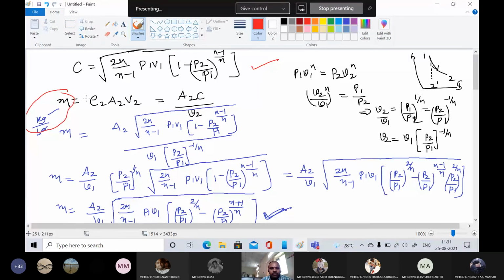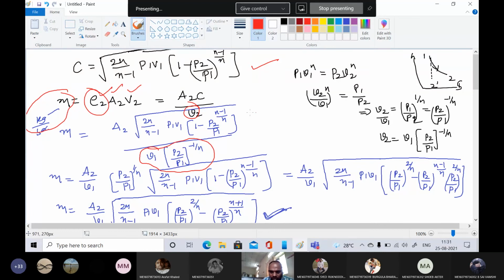So mass of steam per time can be calculated by multiplying density, area, and velocity, and density I can write as the reciprocal of specific volume. Therefore, I took it to the denominator, and now I am writing specific volume in terms of the pressure ratio. Therefore, V2 is eliminated by V1 into this value, and velocity we know this formula, substituting velocity as well as the specific volume, and we are going to simplify now, right?